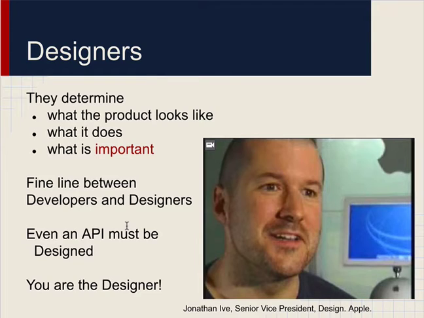So he comes from industrial design. In industrial design, you design the hardware. So that's what Apple focuses on, designing the hardware for the phone. In our case, we're doing mostly software, but still some of the same things apply.